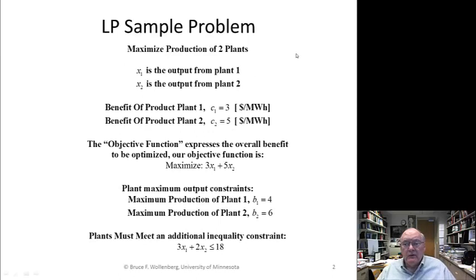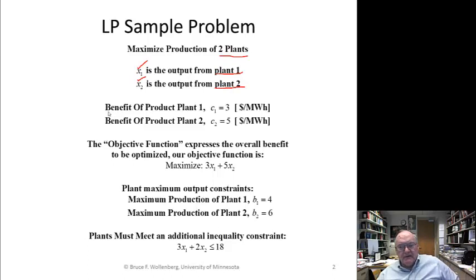Here is our problem. I set this problem up so that you could see it in terms of two power plants. And I set the variables, we like to use x's in LP. So x1 is the output of plant 1 and x2 is the output of plant 2.